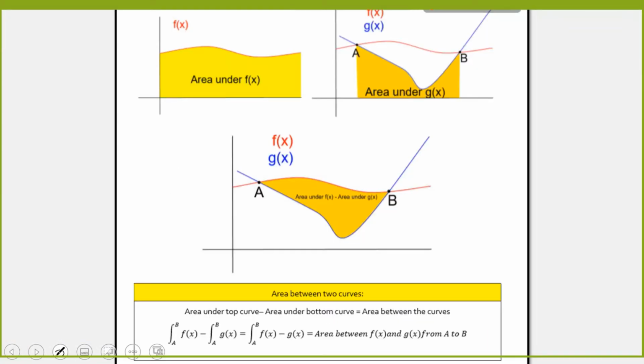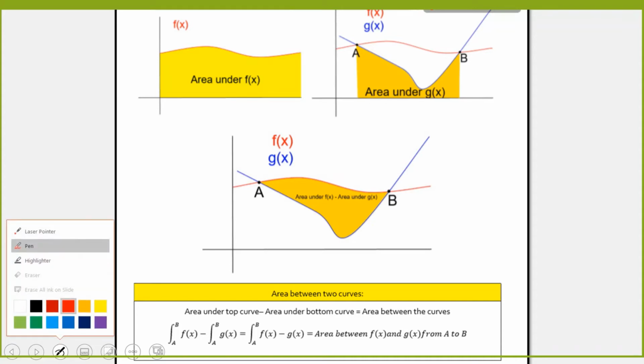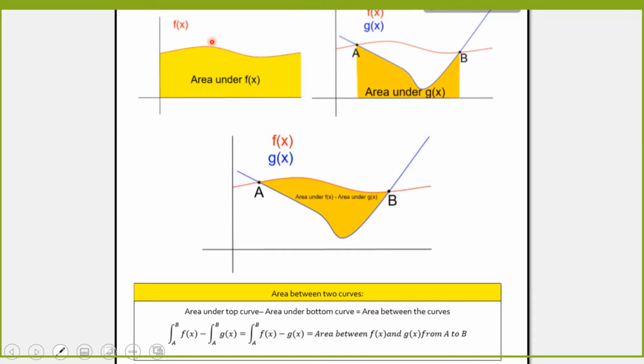So going one step further with this, if I had two functions instead of just one, so a top function and a bottom function, I'm going to call my top function f of x, my bottom function g of x. So f of x here in red, and g of x here in blue.